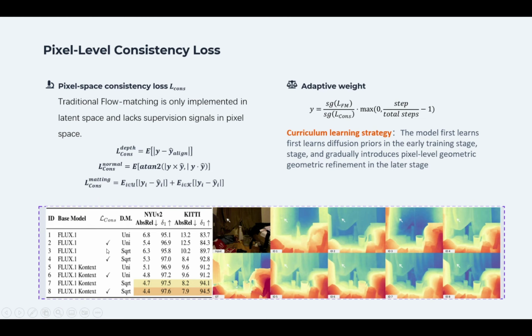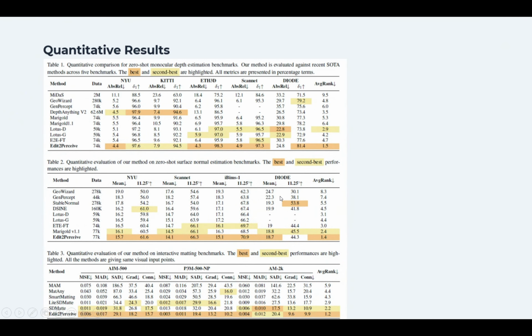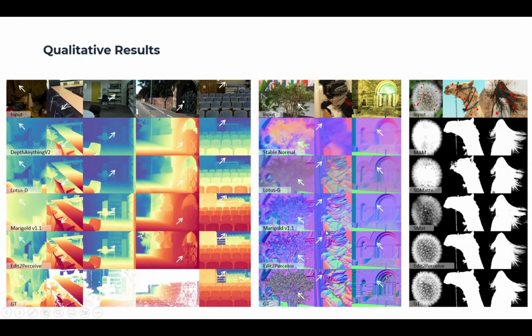Here are the ablation results, and that's the visualization. In the quantitative results, we get the best average ranking. See the right column. Our average rank is within 2, and the qualitative result is also good.